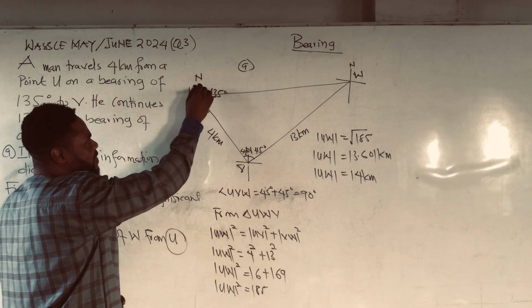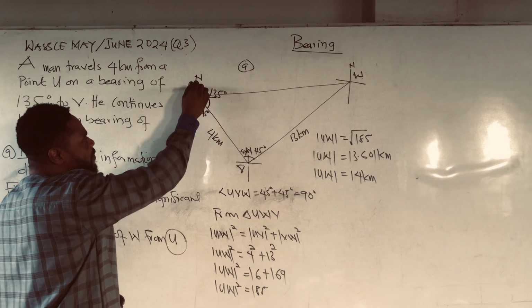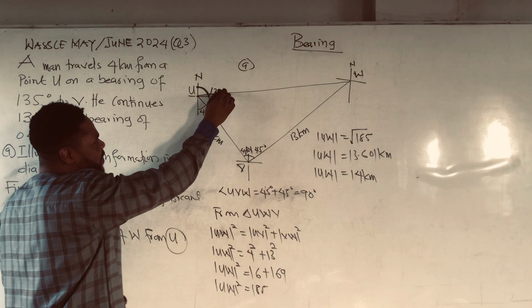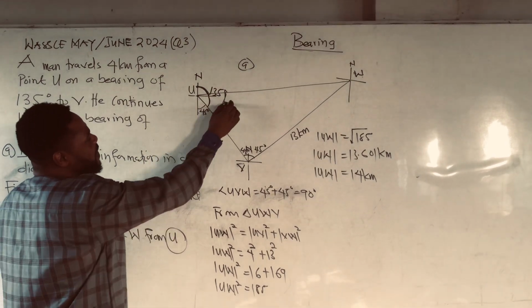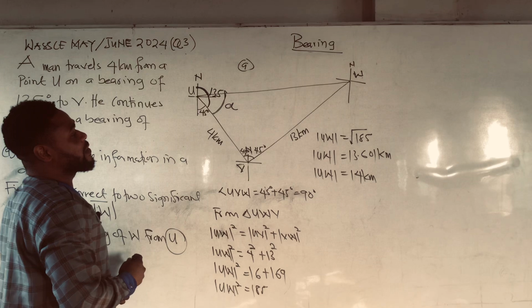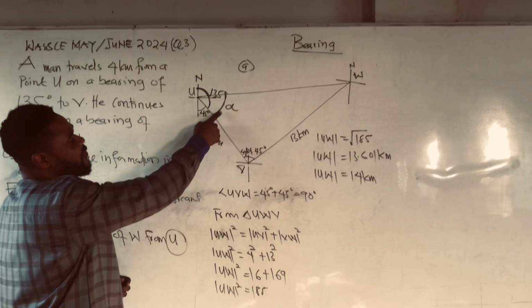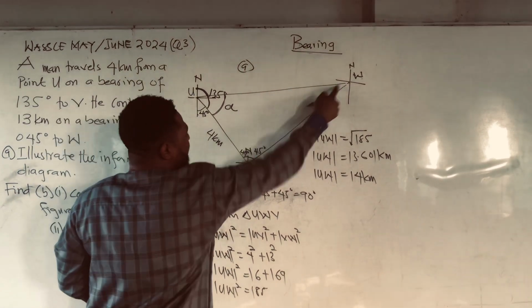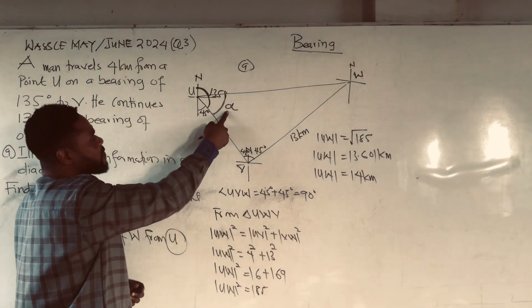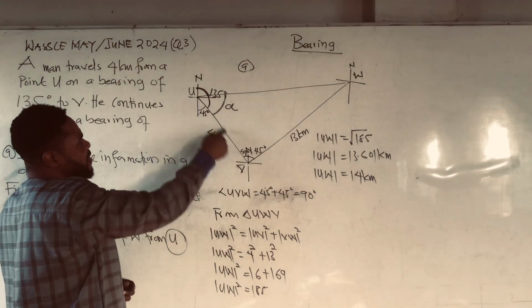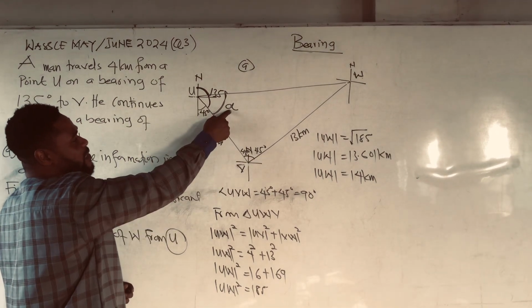So we are looking for this angle here. And how can we get this angle? First of all, we need to find the angle within the triangle here. So let's use alpha to represent this angle. Now, this line that we see here, that is WV, is opposite to this angle, and this line we see here, UV, is adjacent to this angle.